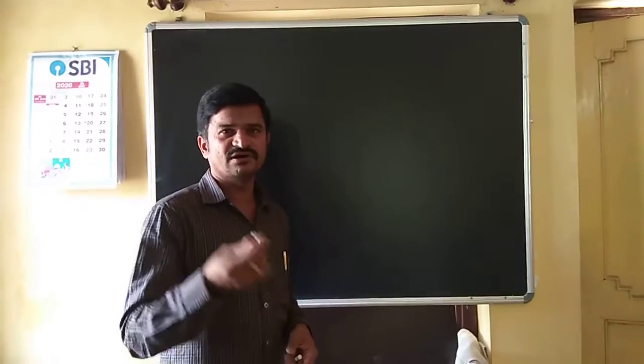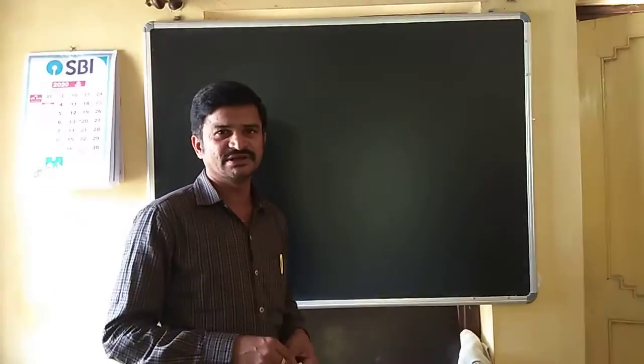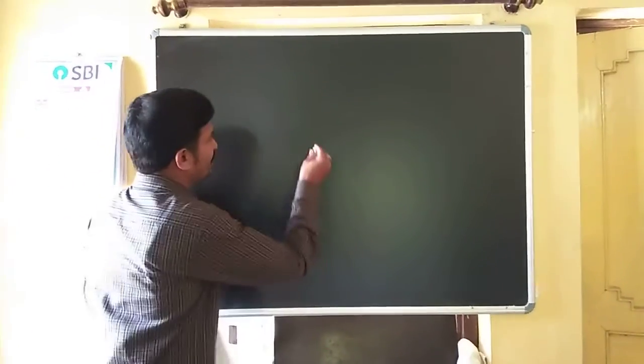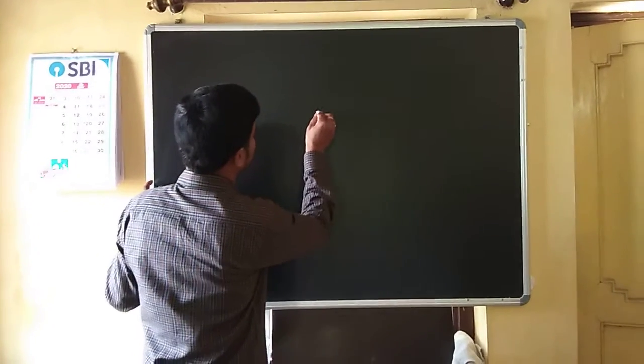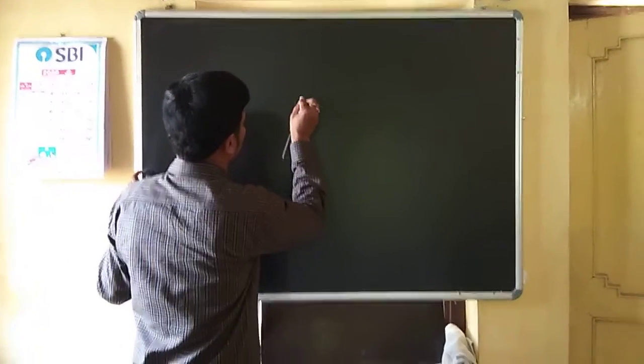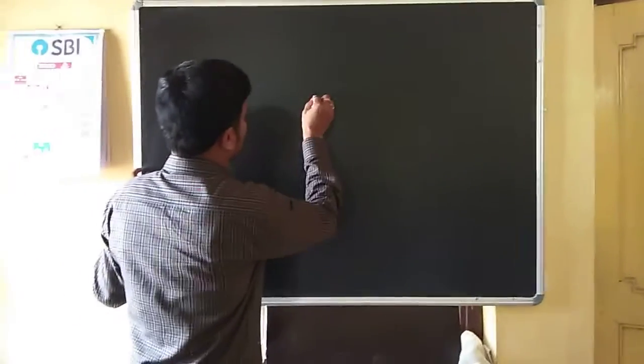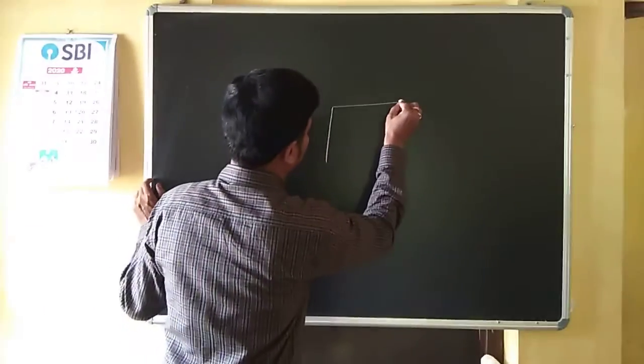As many of you are asking the doubt what is meant by circumscribing, see children, here I am drawing two diagrams. Here I am taking one square.